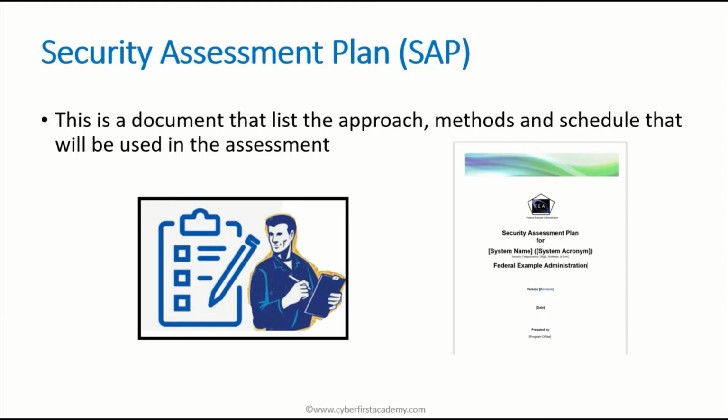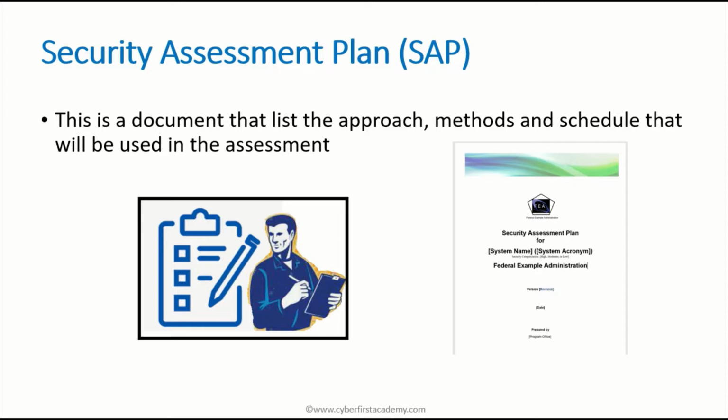This document is going to entail the approach, the methods, and the schedule that's going to be used to assess the controls, and have the different laws and regulations that they would be abiding by, and any type of rules of engagement. So this would be the first document that the assessor will have to develop.